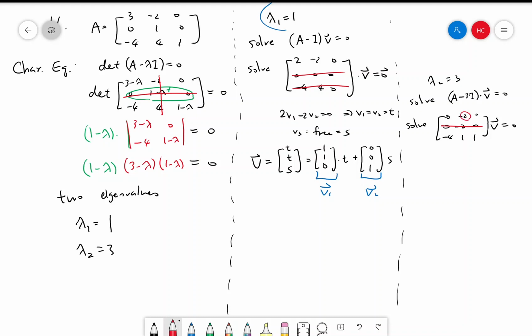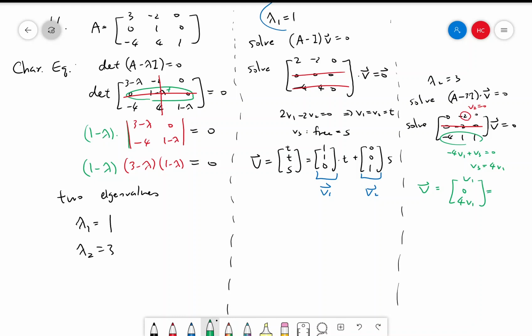The first row tells you that the second coordinate is equal to 0. And the third row tells you that negative 4v1 plus v3 equals 0. So v3 is 4v1, so it's v1, 0, 4v1.